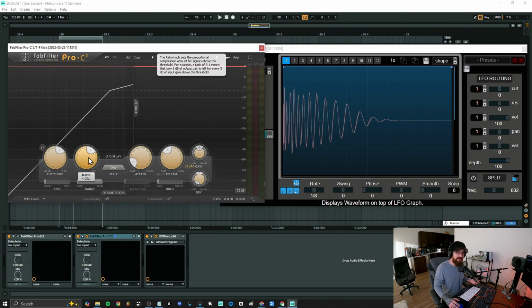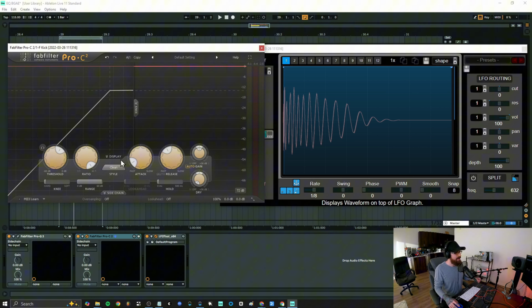So now what if we did a ratio of 100 to 1? Well, we know that our original signal was at 0 dB, and we have a threshold of -14, which means our signal is moving 14 dB past the threshold. Well, if we take 14 dB divided by 100, then we're left with 0.14.